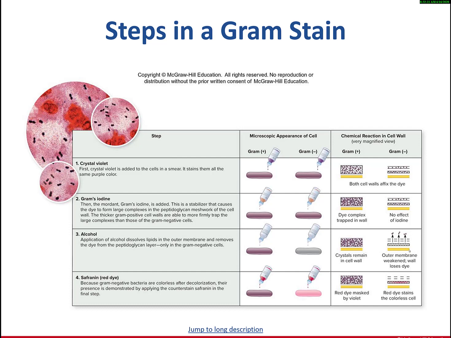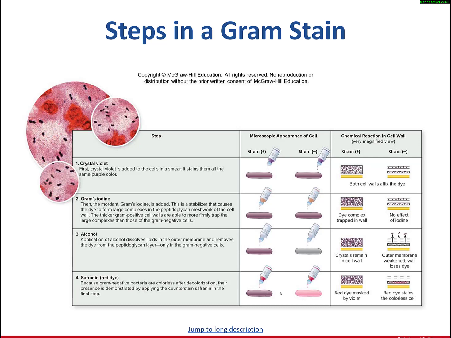The inner membrane's okay. Then we use the safranin dye, which is a counterstain. Because the gram negatives were essentially ripped of their crystal violet, there's no place for it to hold, so we come back with a vital stain, safranin, what we call a counterstain. The vital stain means it actually sticks to the bacteria; that's all it means. Their presence is demonstrated by this counterstain.